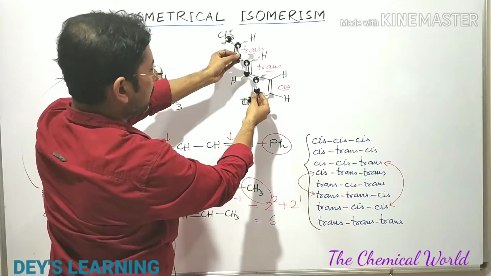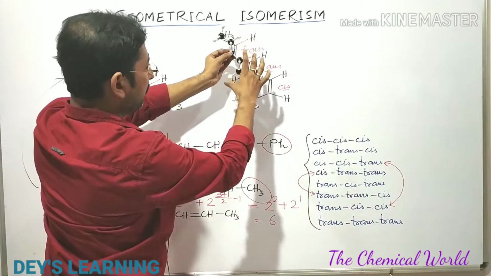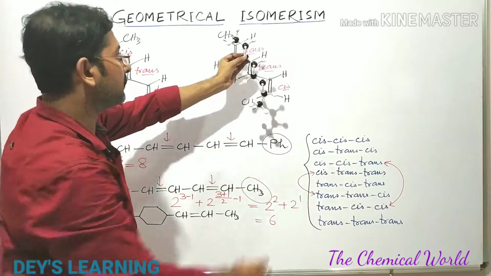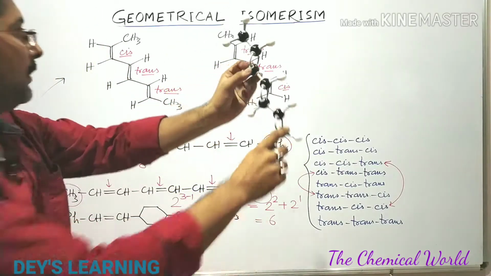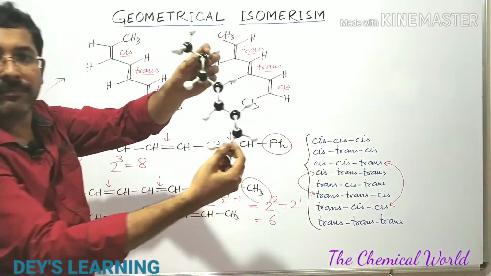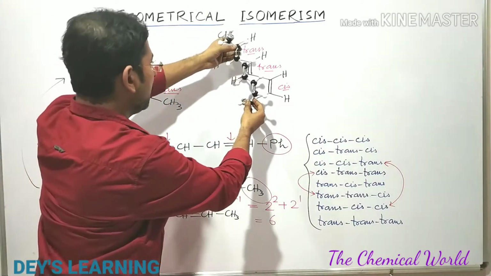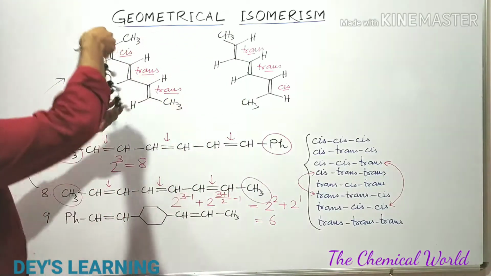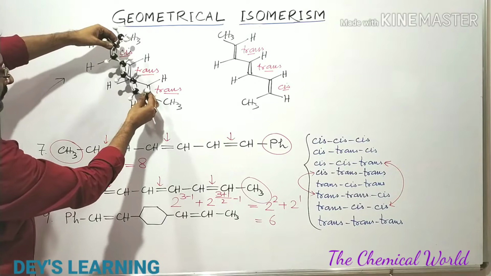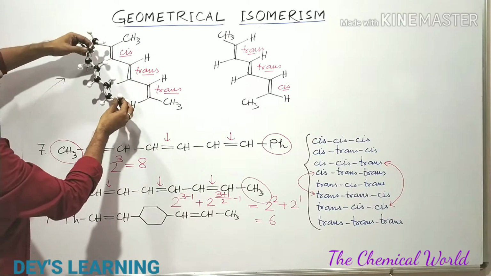Exactly, this is the molecule. This is a trans double bond, this is a trans double bond, and this is a cis double bond. This molecule is this one. And if you just reverse this molecule and rotate it, you will find this one.